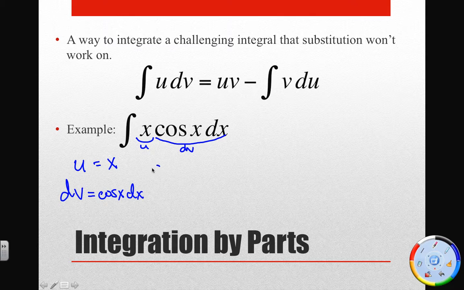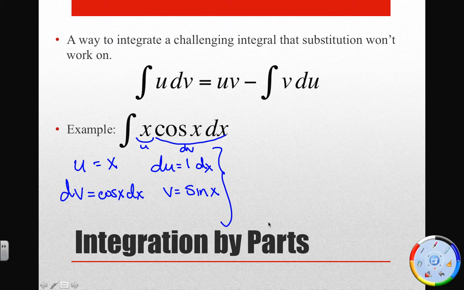So I have to find the derivative of u. The derivative of u with respect to x is, sorry, 1 dx. And the antiderivative of dv, so what the function was to begin with, is sine x, because the derivative of sine x is cosine x dx.